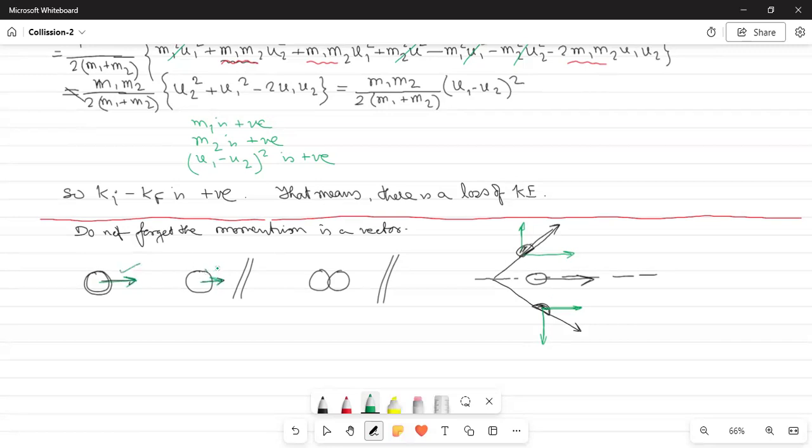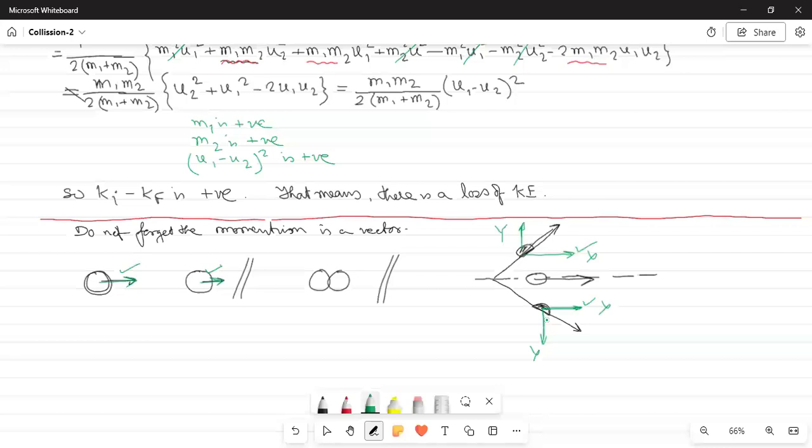The sum of the x direction momentums before will be equal to the sum of the x direction momentums after. And the y direction momentum sum also will be zero as a vector, meaning their magnitudes will be the same but directions opposite.